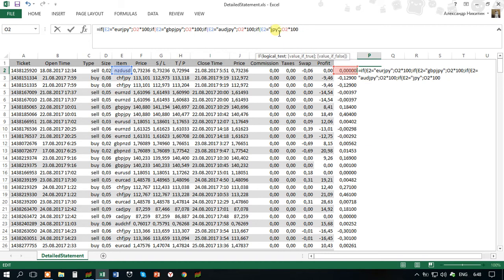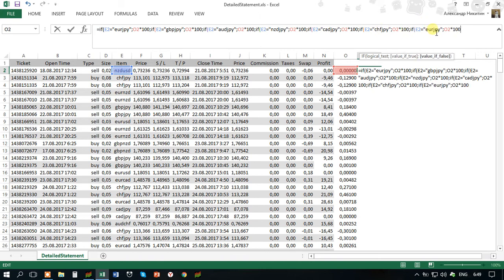Maybe it equals NZD JPY. And if not, check another. Maybe it equals CAD JPY. And if not, another. Maybe it equals Swiss JPY. And if not, another. Maybe it equals USD JPY.